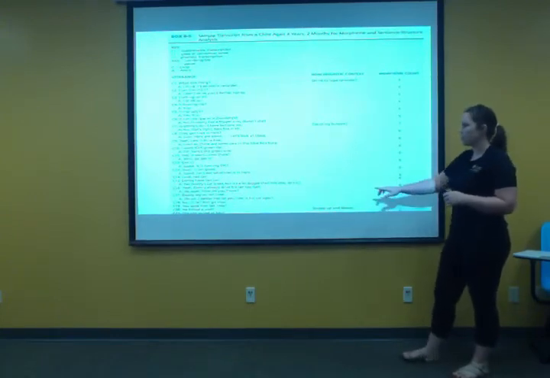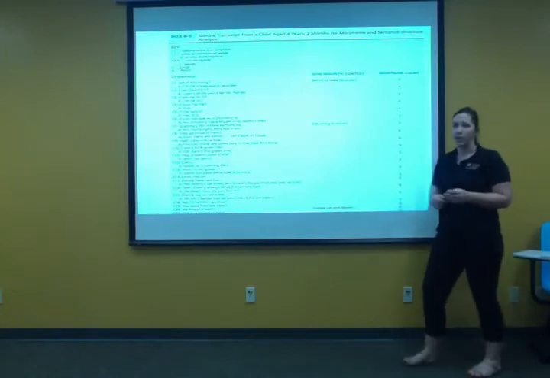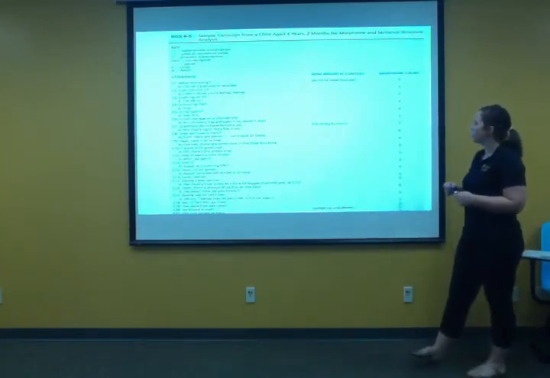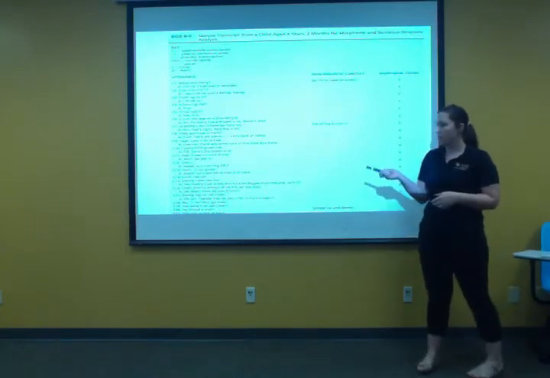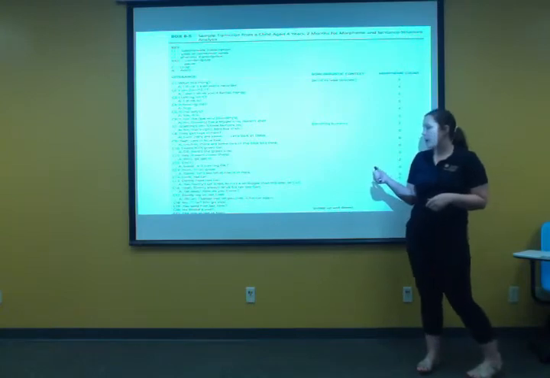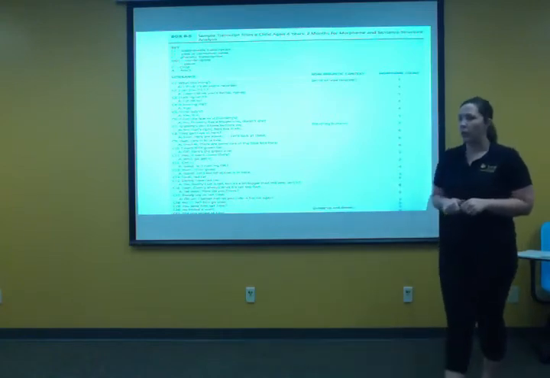For this sample with the 21 utterances, it came to a total of 103 morphemes. Then we divide the total number of morphemes by the number of utterances. So 103 morphemes divided by 21 gave us an MLU of 4.9.